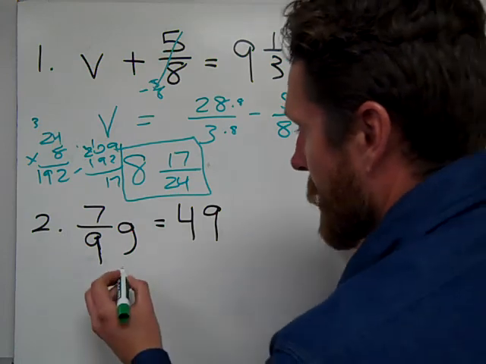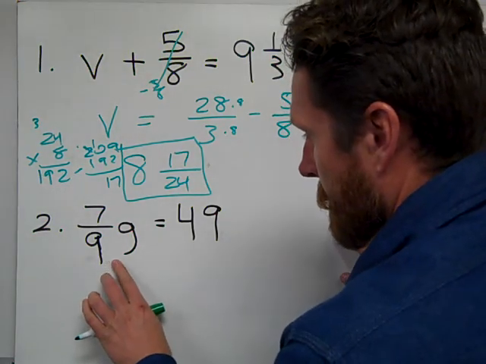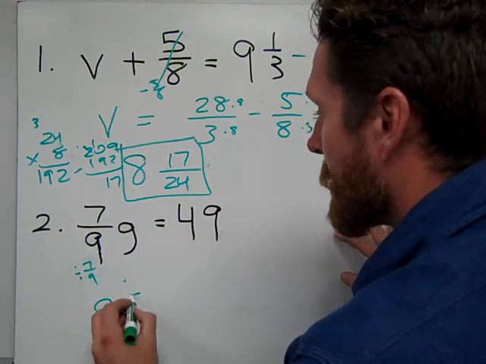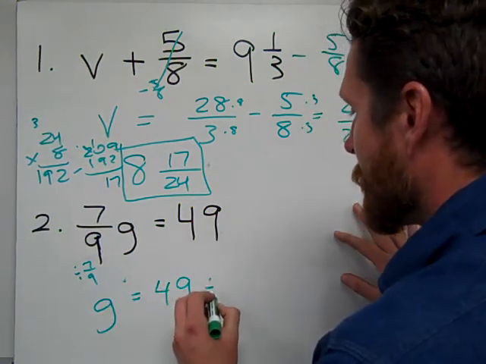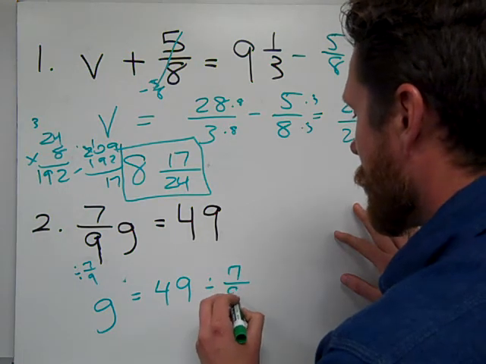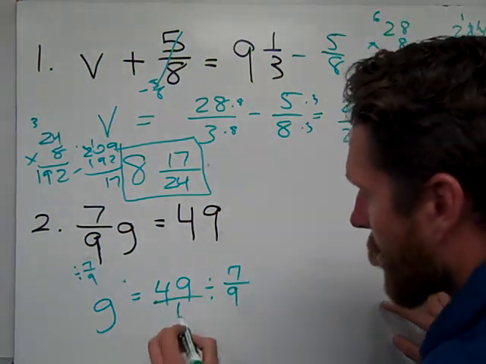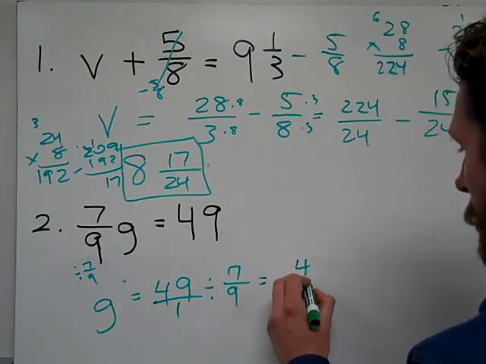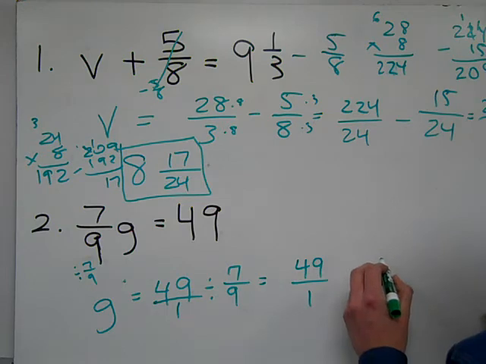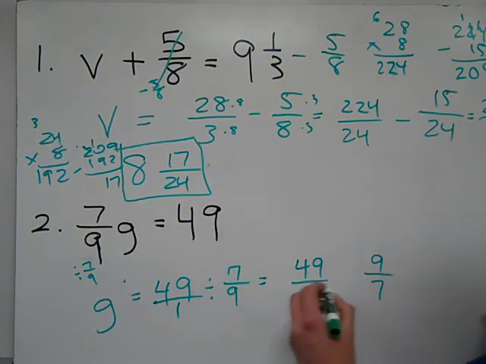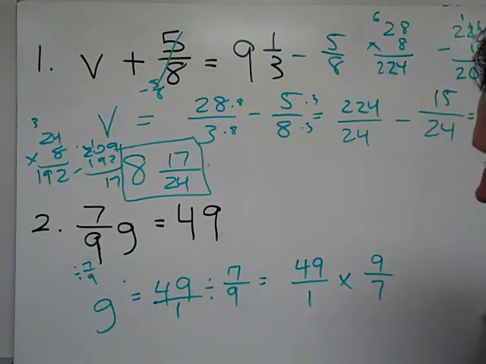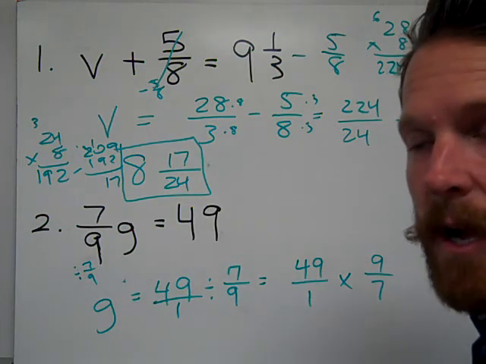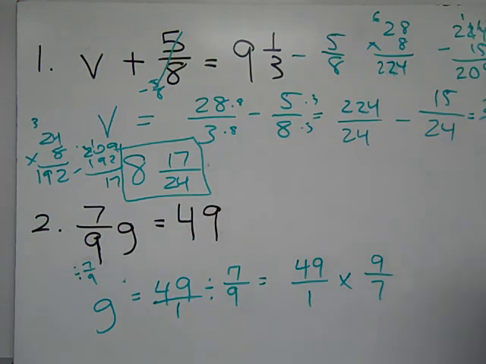So I have to divide 7/9, which gives me g by itself, which is going to be 49 divided by 7/9, which means it's going to be 49 over 1. And now I just do what we've normally done. This is going to be 49 over 1, reciprocal multiplication. And 7 times 7 equals what? 49.